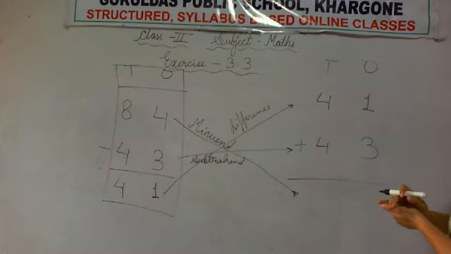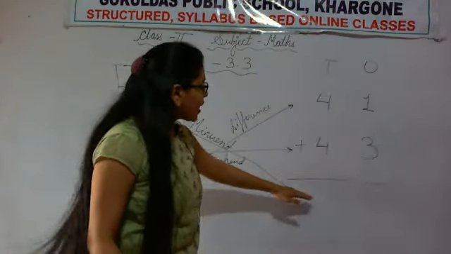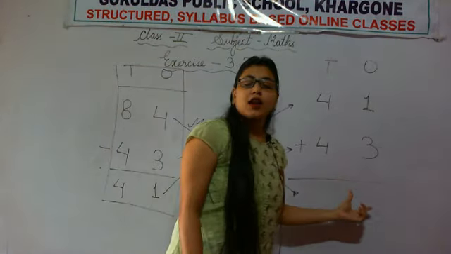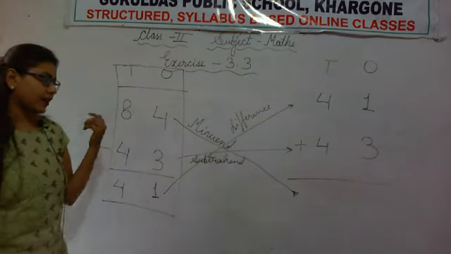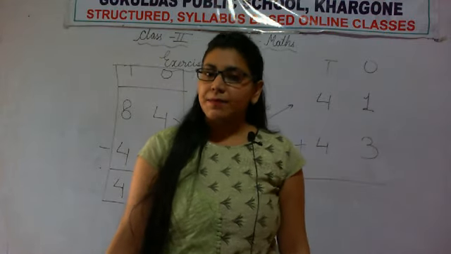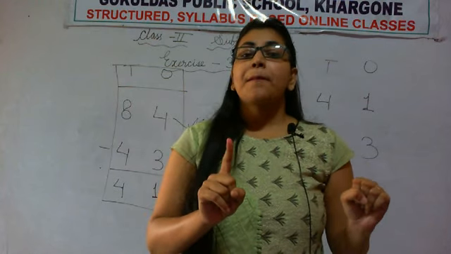If our addition answer is the minuend, that means we did it correctly. So let's check: 1 plus 3. First we'll open one finger, then plus 3.